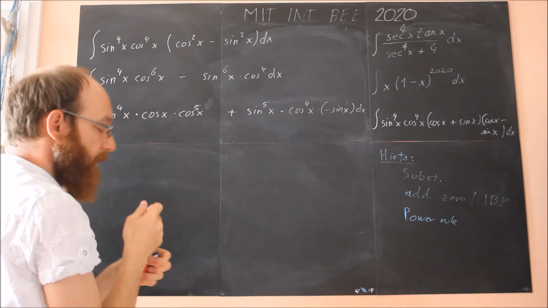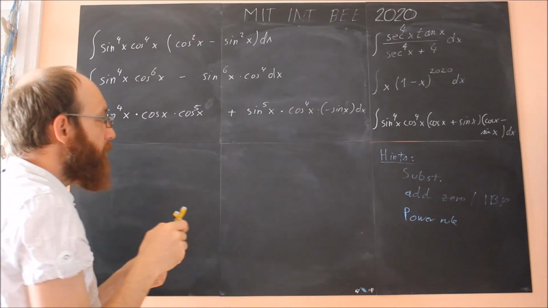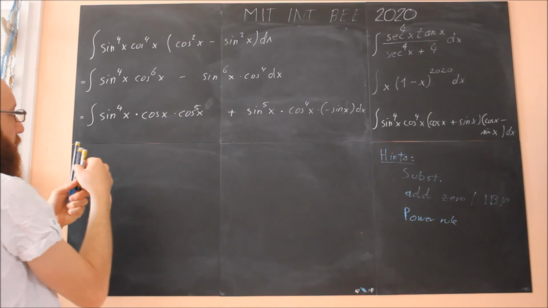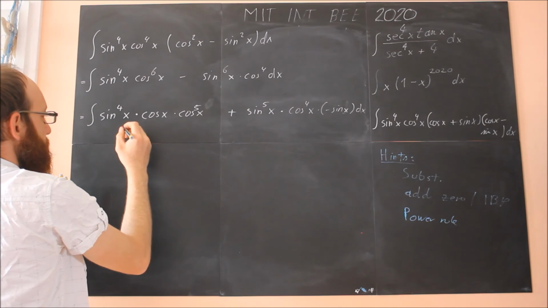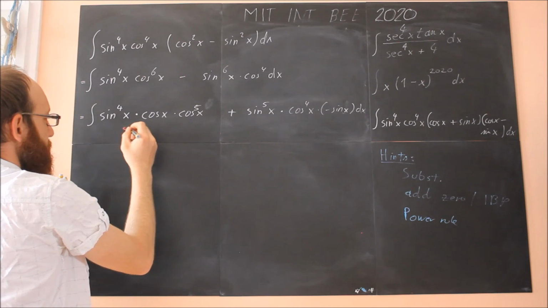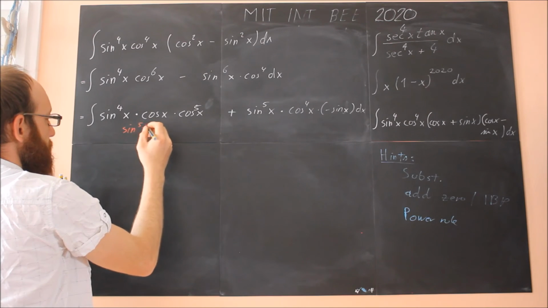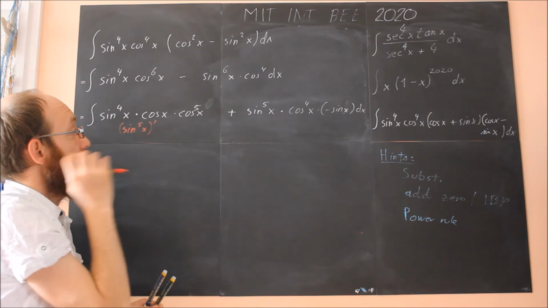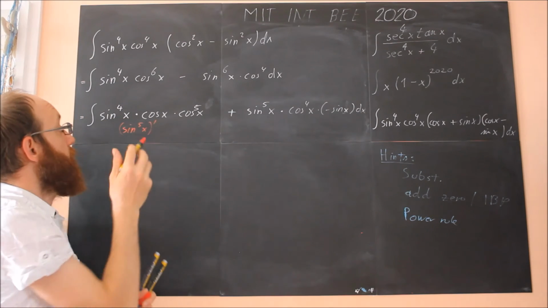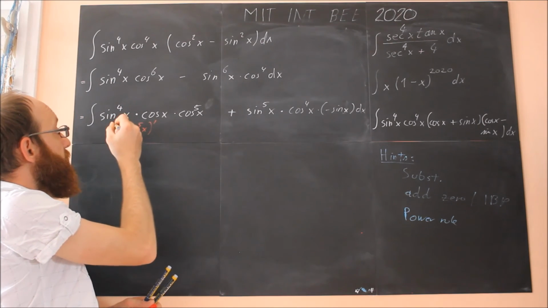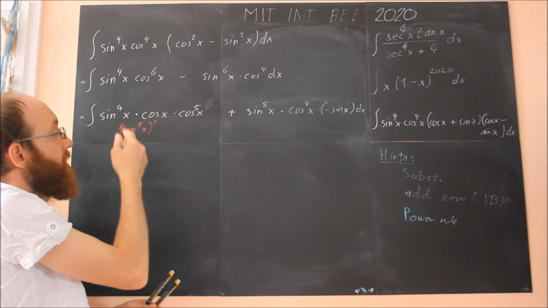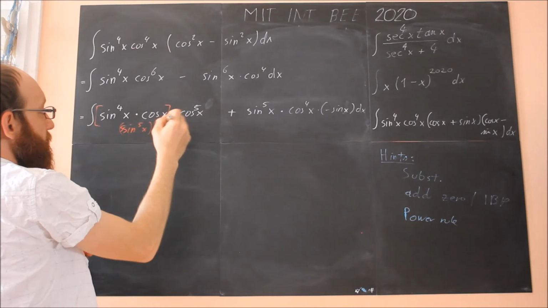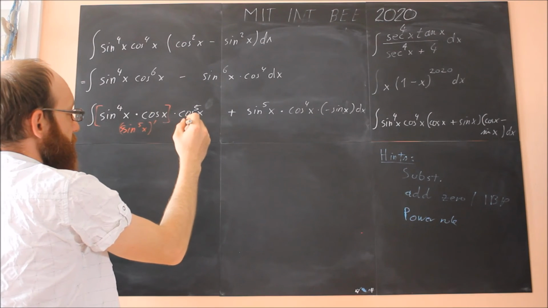Okay, and now if we open our eyes, we see that this part is the derivative of sine to the fifth up to a factor. The factor is 5, so this is 5 times sine to the fourth cosine. This stays like it is.